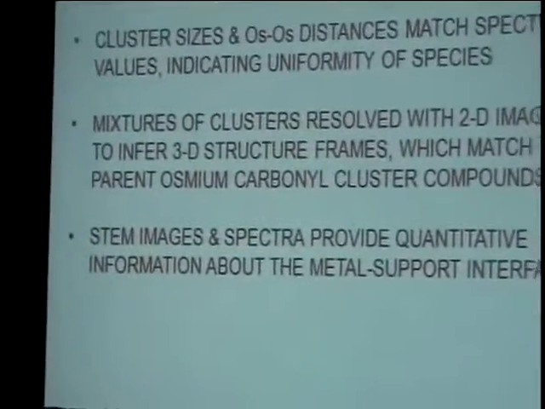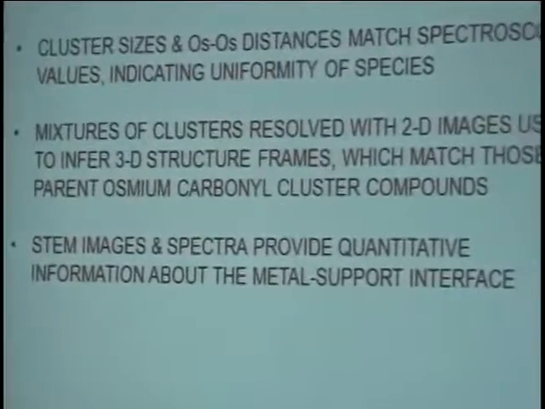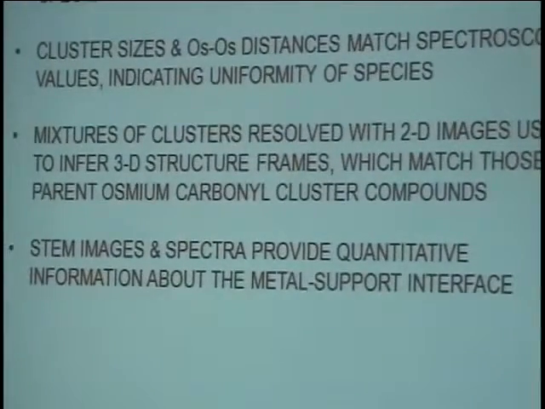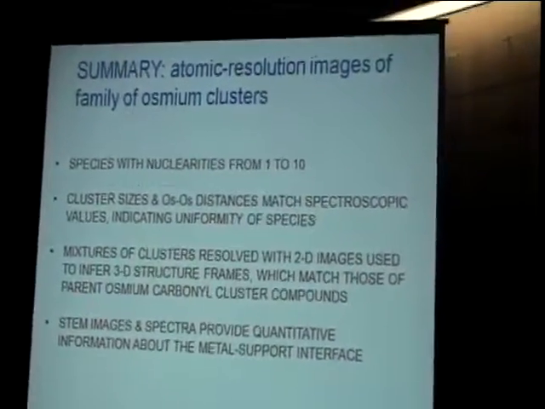We can determine cluster sizes and metal-metal distances. Matching those, we determine spectroscopically, which is evidence that the syntheses have been done precisely. And then we can resolve mixtures. The point I should emphasize is that they're 2D images used to infer 3D structures. So there's clearly an inference there.